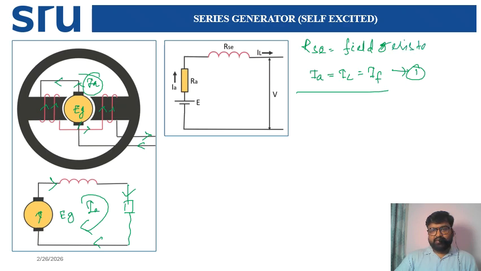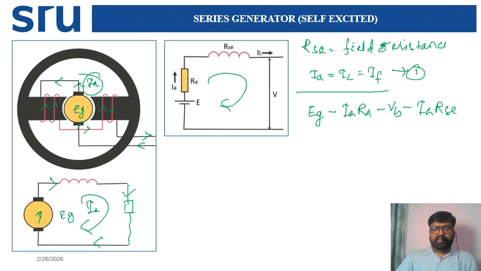Now if you apply KVL here, what is the equation? EG minus IA RA minus IA RSE minus VL equals 0. It is very easy to calculate the IA current. That is IA into RA plus RSE equals EG minus VL.